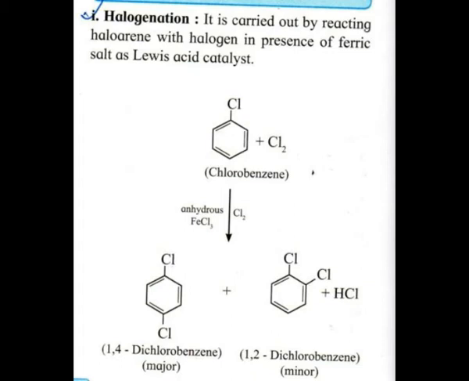Chlorobenzene plus Cl2 in anhydrous FeCl3 is giving you 1,4-dichlorobenzene plus 1,2-dichlorobenzene, that is the minor product, along with the formation of HCl. So it is halogenation of haloarene.